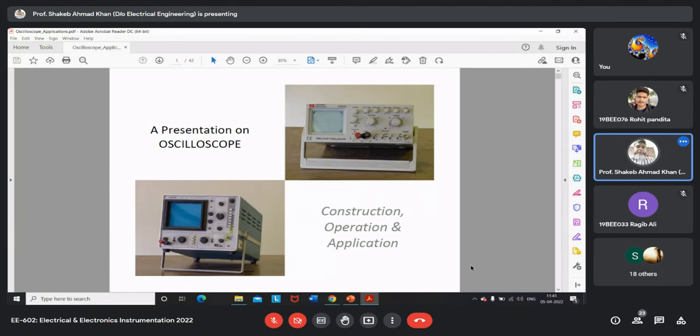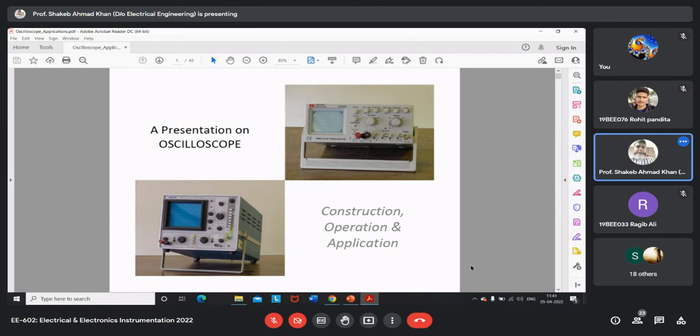It traces the voltage signal on its screen. If a wire is carrying a sinusoidal voltage, it has a sinusoidal voltage signal, then you can see on the screen how this voltage signal is varying with time.